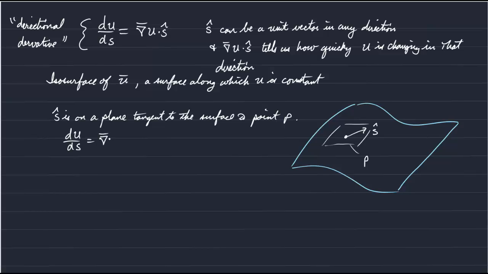And to do that, we take the gradient of U and take the dot product with the unit vector pointing in this direction. But since point P is on this isosurface and we're moving parallel to the isosurface in S, then we know that U is not changing, right?